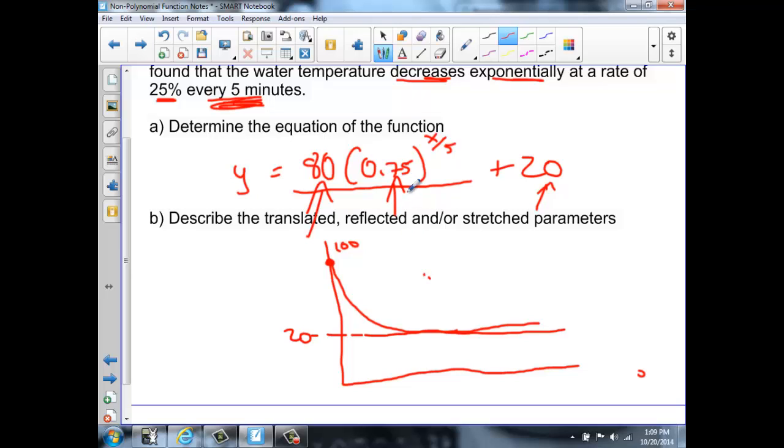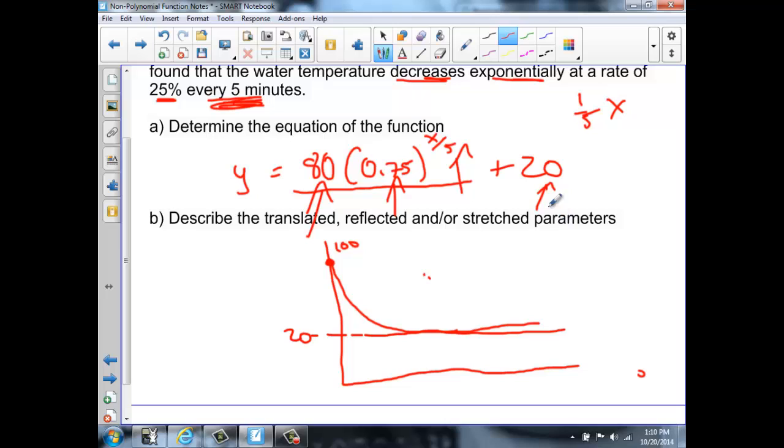This 0.75 doesn't mean anything except that the graph is going to decay. So the 0.75 just tells you by what factor it decays. But there is one more number here: this x over 5. What this really means is that you have 1/5 of x. So if you put a 1/5 in front of an x, it takes your graph and stretches it out 5 times as well.